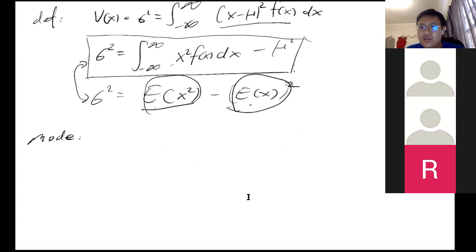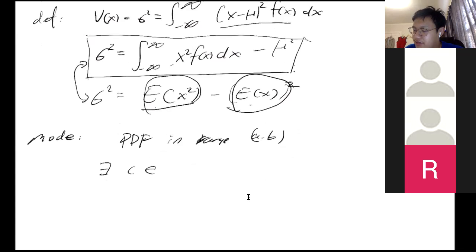Another thing is mode. The mode of a random variable is defined to be the value with the highest frequency. If you are given a PDF in a range of [a, b], there exists a c in the range [a, b] such that f(c) is the maximum.